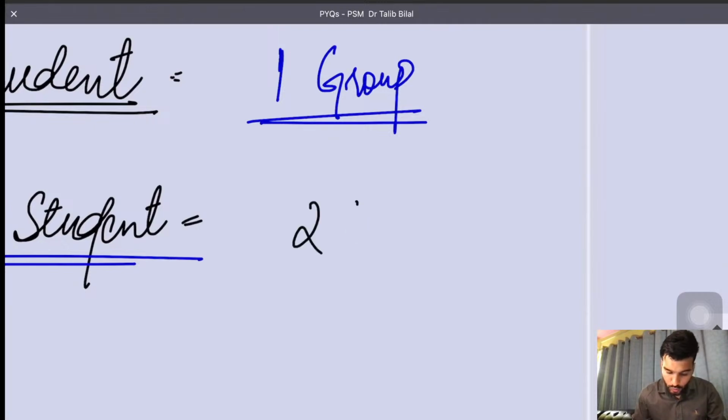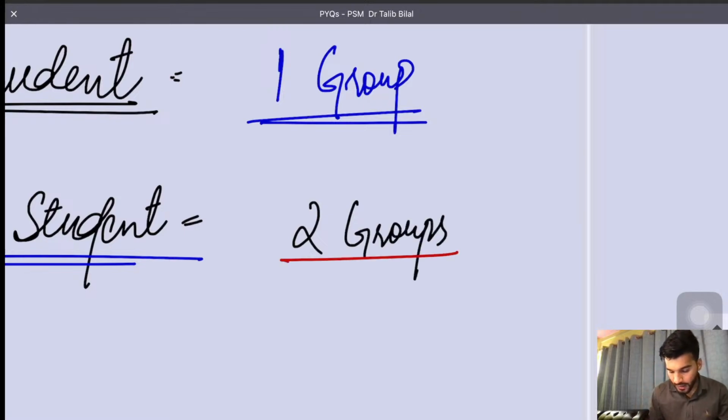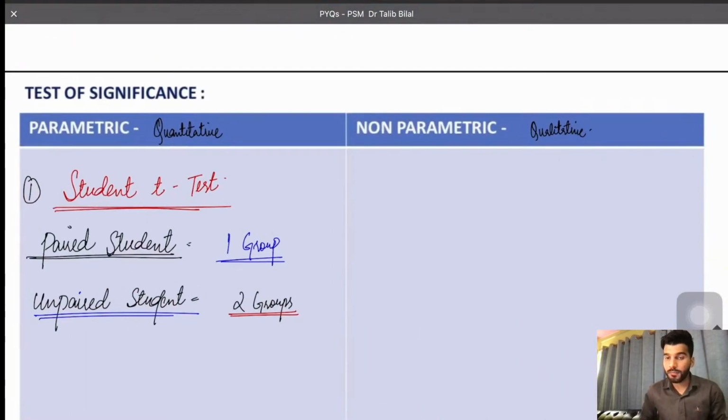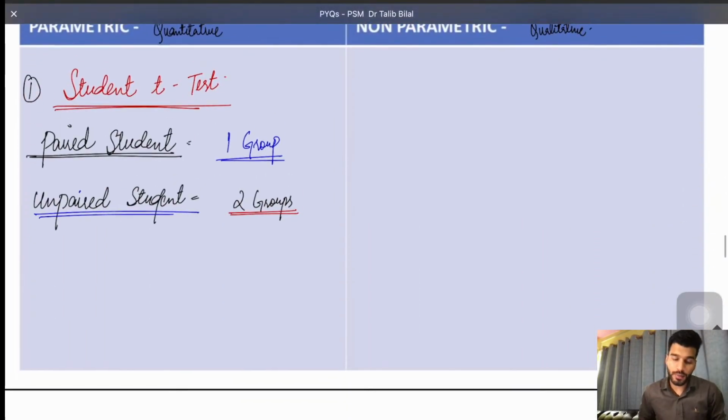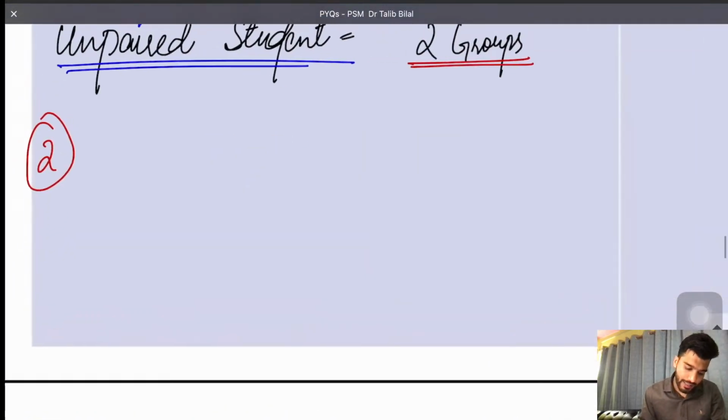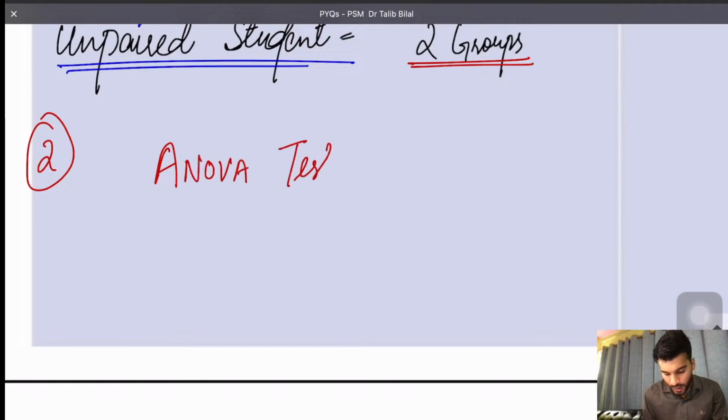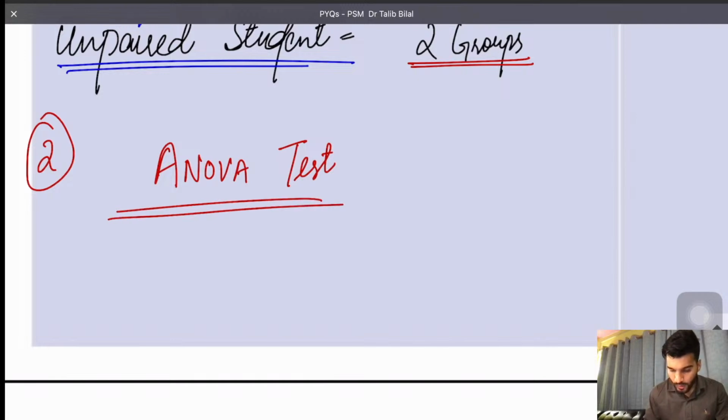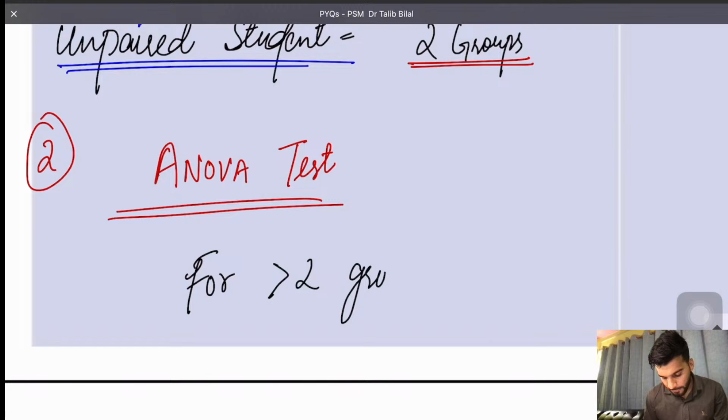At that time, your answer goes to the unpaired student t test. Now, if you have more than two groups, the test we do for quantitative data is the ANOVA test. What is the ANOVA test? For more than two groups.